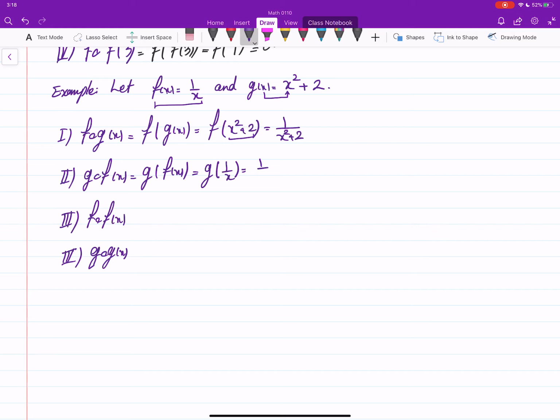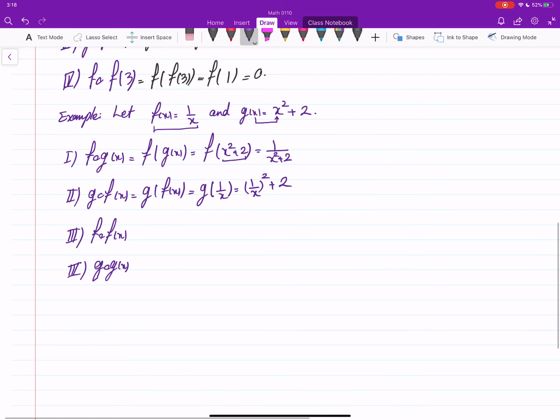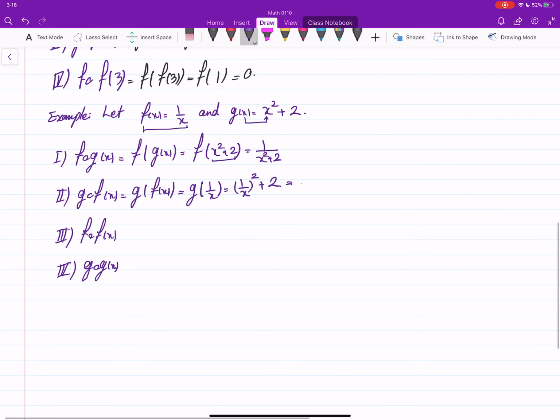So now here we are putting in 1 over x. It will square it first and then add 2 to that. Well, we can simplify that one definitely: 1 over x squared plus 2, which will give us (2x squared plus 1) over x squared.